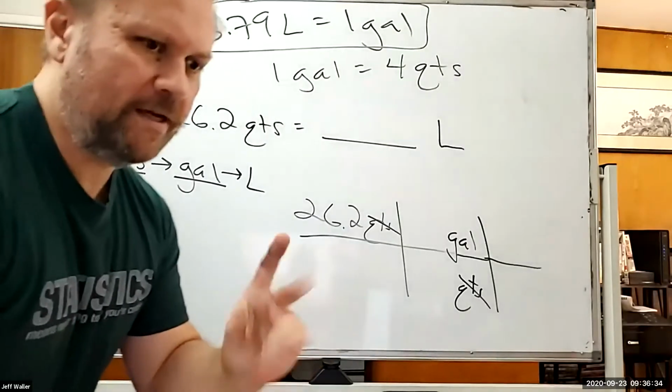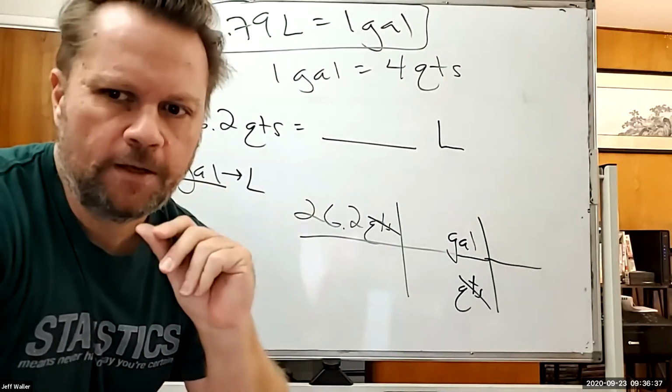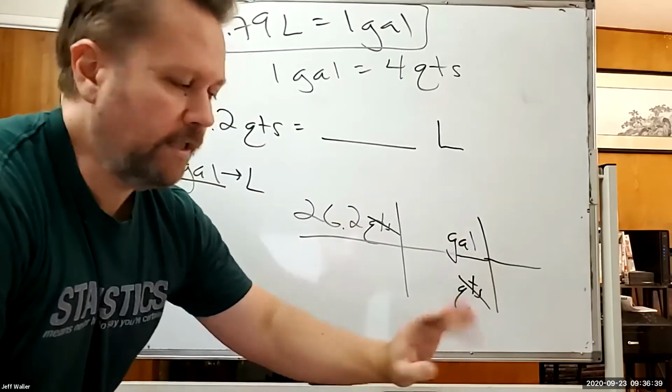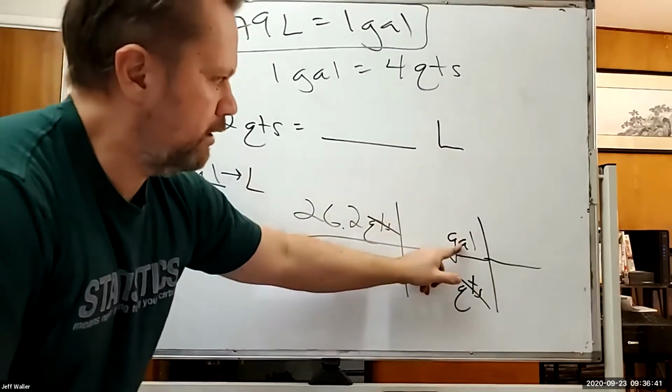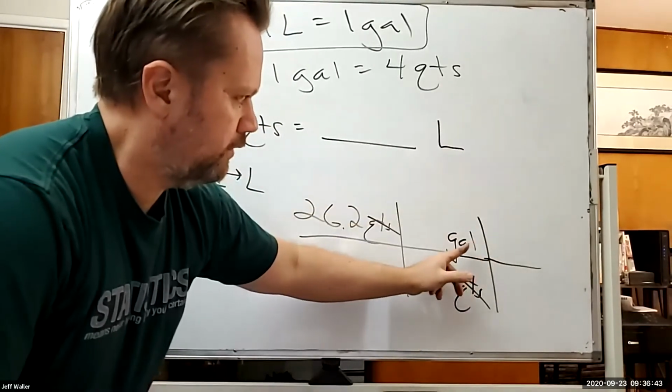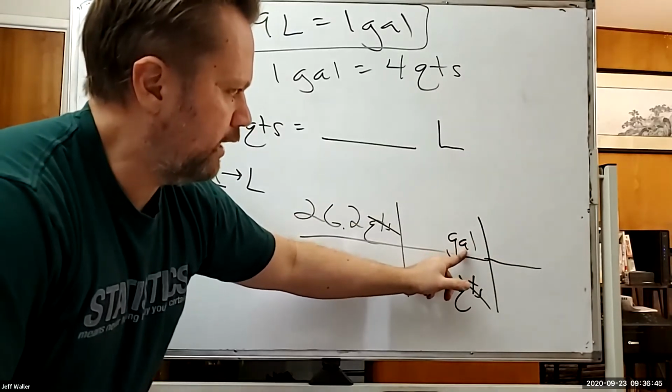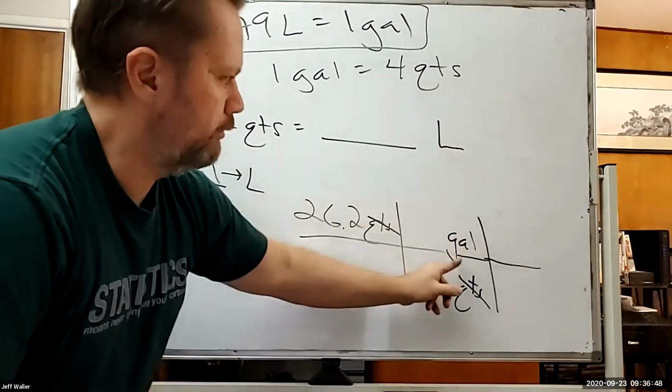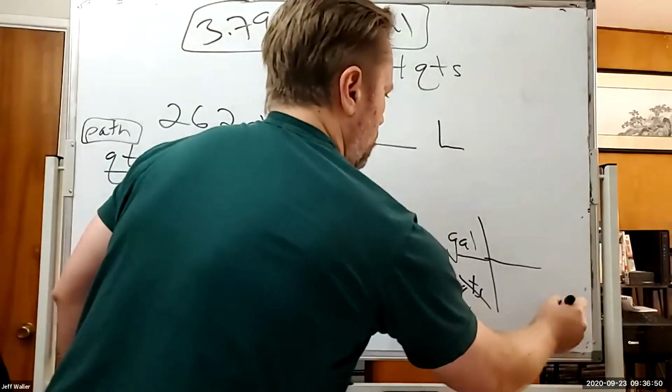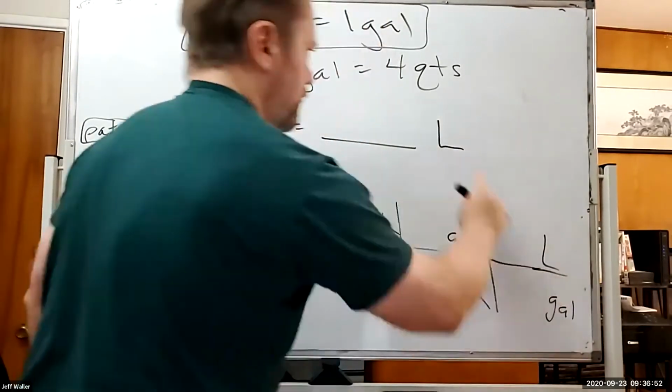Now I really want you guys to get this. I can keep going. I'm not where I want to be. I want to be at liters. So now I can keep going. I'm not even going to put the numbers in yet. Screw the numbers for right now. How do I kill gallons? I don't want gallons. So where would I put gallons? And then on the top, I could put liters. That's where I want to be.